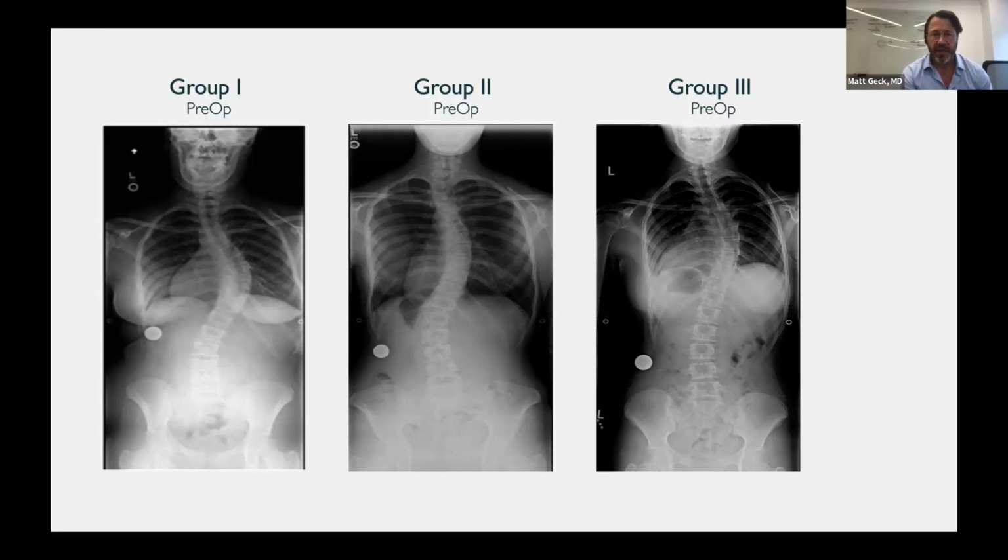The first is, if they're at risk for further progression and they have a smaller curve, there's level 1 data from the BRACED trial, which was an NIH-funded trial from, I think, around 2008, 2009, that showed efficaciousness almost at any curve size up to 40 degrees by putting kids in these hard plastic braces.